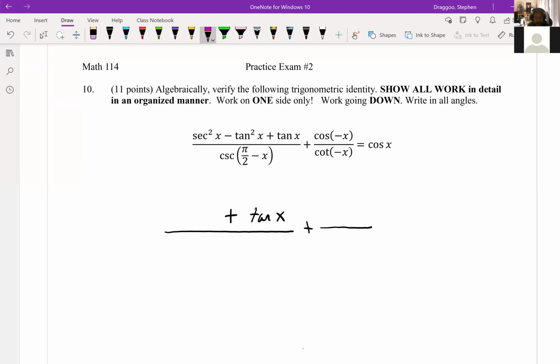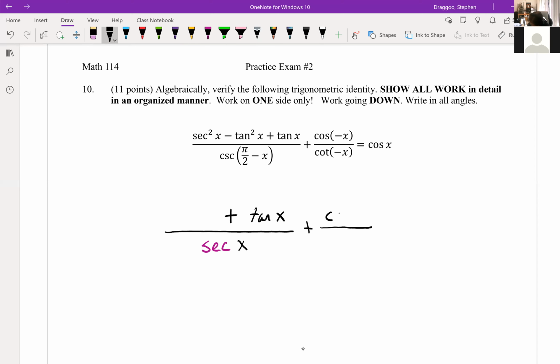I'll need a cofunction identity there since I have pi over 2 minus theta. And that thing is secant of theta, or I guess secant of x, because x is our angle this time. Cool, so our denominator should change from cosecant, pi over 2 minus x, to just secant x.